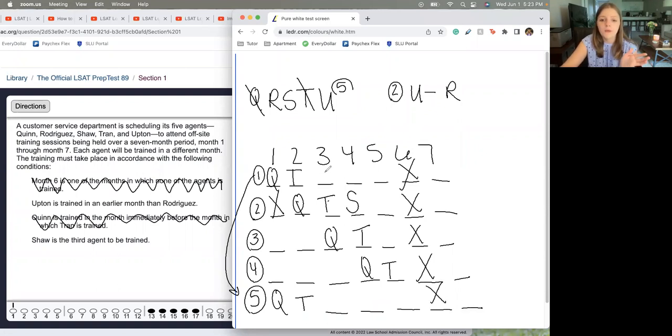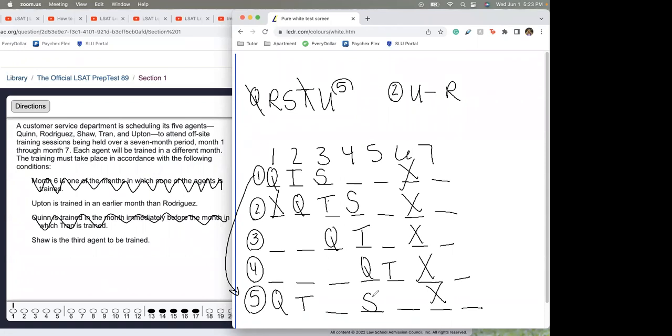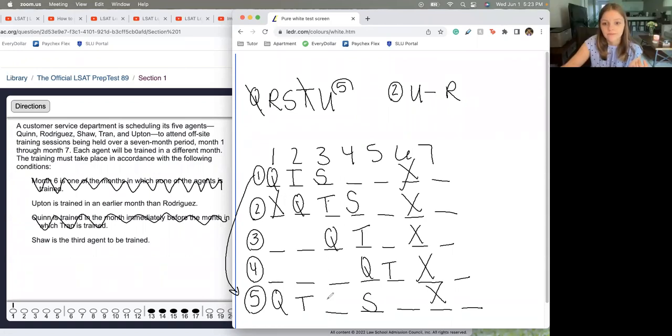And in one of them, I'm going to put S in the third spot. And in one of them, I'm going to put S in the 4th spot, because you're totally right. We could skip that third spot and put S in our fourth spot and still have it be the third one.